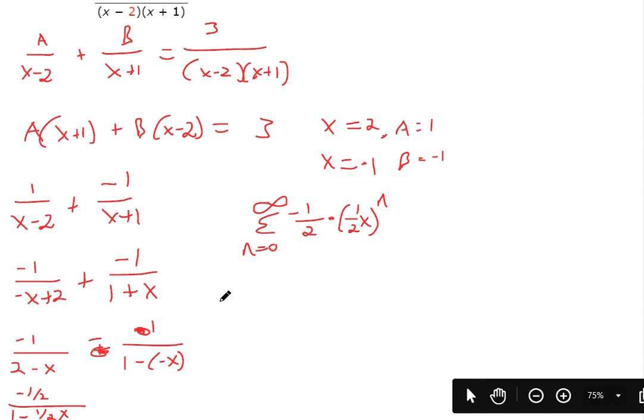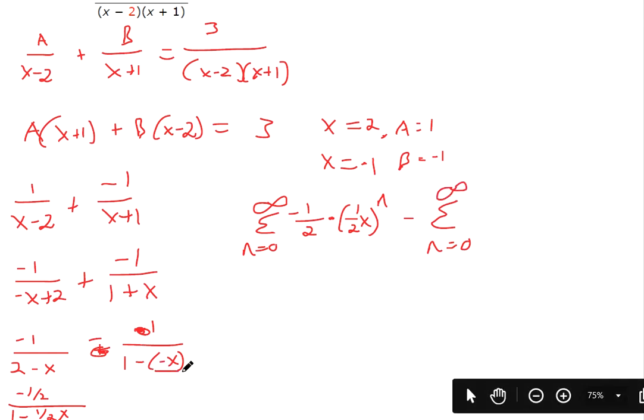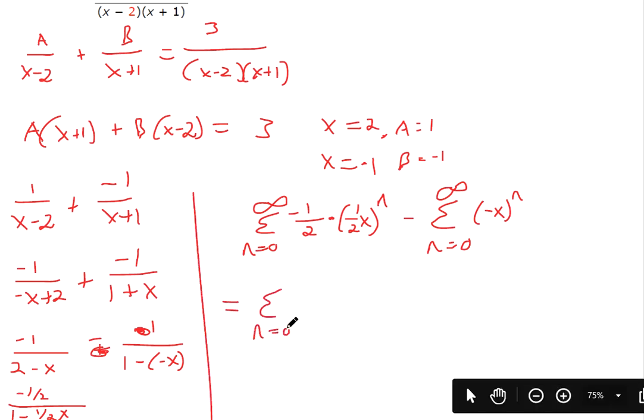And then to write this one as a power series, we don't have any coefficient this time, so it's just -x to the nth power. And then I think it's theorem 6.2 in our textbook tells us that you can just write these as one big happy family, and they've got a proof there. Parentheses.